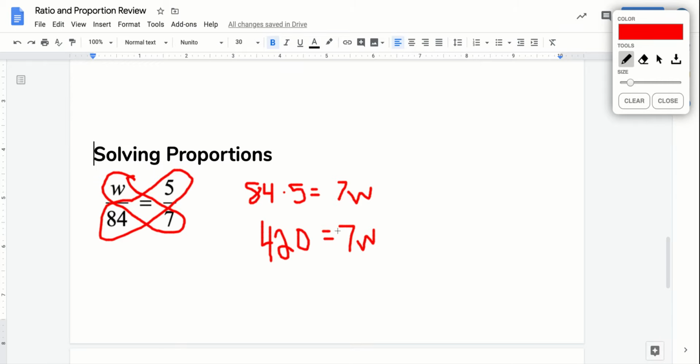Now this is multiplication, so I'm going to divide by 7 on both sides to find W. These cancel. 420 divided by 7 is 60. So we know here that W equals 60. I use my cross products, set up a one-step equation, and solve for my variable.